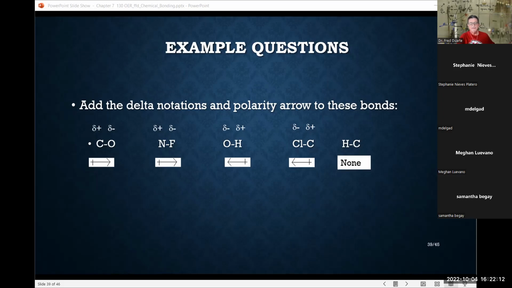Remember, this aspect here, for some reason, seems to be a little bit challenging. What I try to attempt to do is use the general example of the bond between A and A, okay?